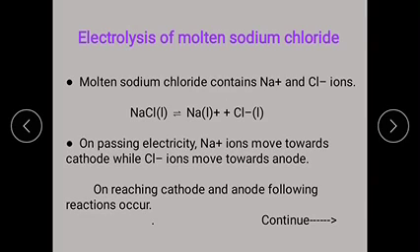When we pass electricity through it, this molten sodium chloride, which in the liquid state contains Na plus and Cl minus ions, is converted into Na plus and Cl minus. On passing the electricity, Na plus ions move towards the cathode while Cl minus ions move towards the anode side.